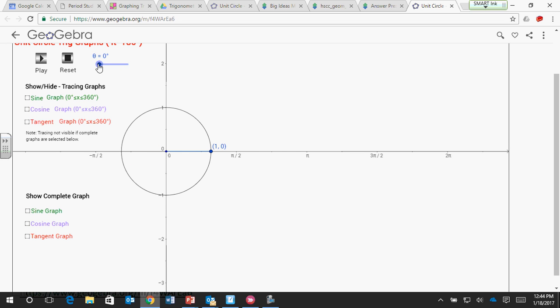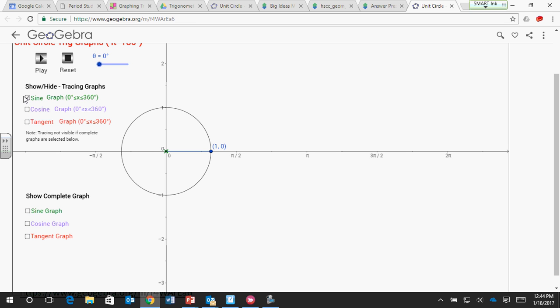So when I move this guy back and turn the sine wave on, it's going to plot, as we go from 0 to 2 pi, all of the y values. We're not doing anything with the x, just the y's, because we're graphing the sine. The sine of 0, since it's the y value, is 0. So this little x is starting here.